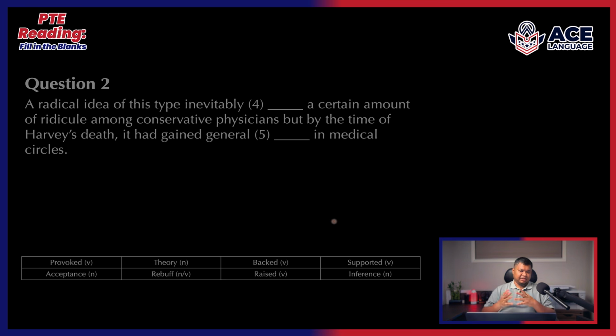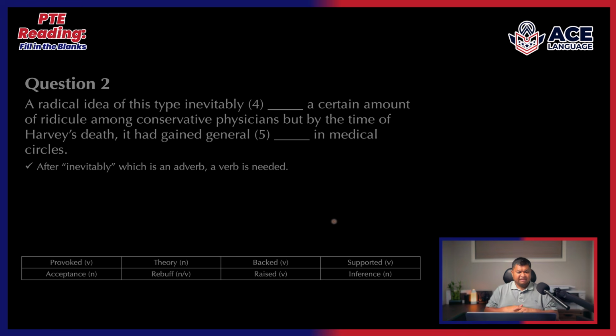That sentence starts with: a radical idea of this type inevitably dash a certain amount of ridicule among conservative physicians, and so on. So we have inevitably, that's an adverb, and right after that there is a blank, which means I actually need a verb. Take a look at this sentence: the radical idea of this type inevitably dash a certain amount of ridicule among conservative physicians. Up until there is no verb. So I need a verb, right?